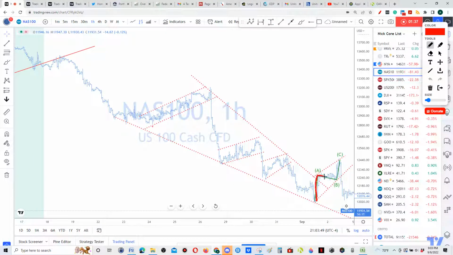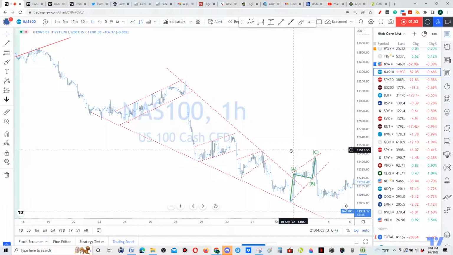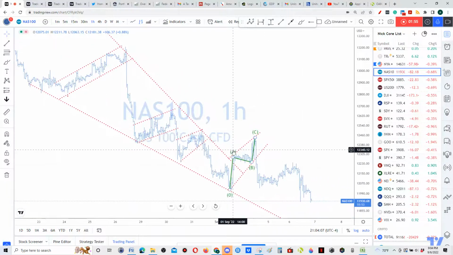We got this nice little 1, 2, 3 up, and it formed a nice little bear flag once again and failed. So what does this mean? I'll show you here, and I think I talked about it in the previous video.